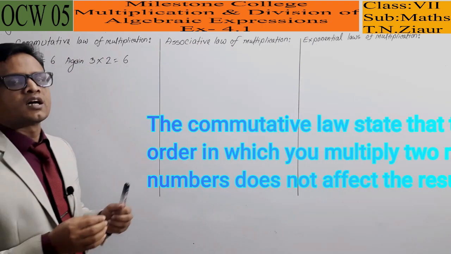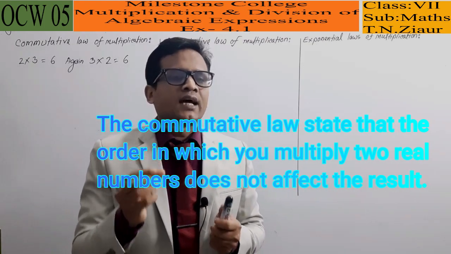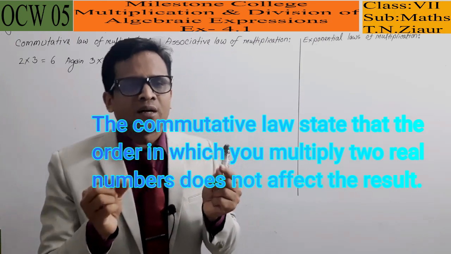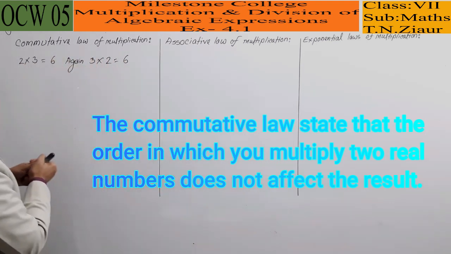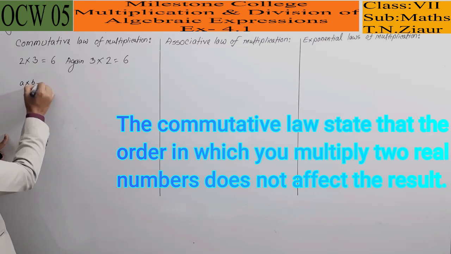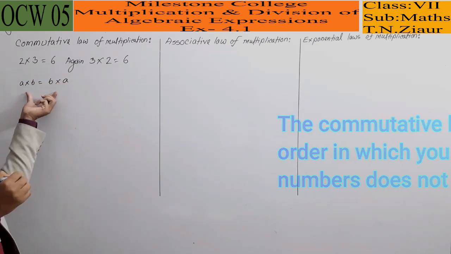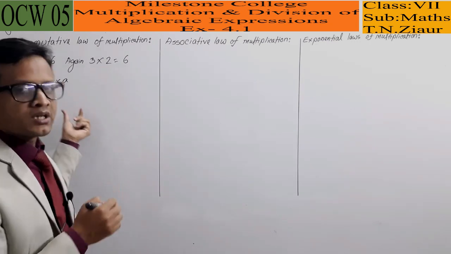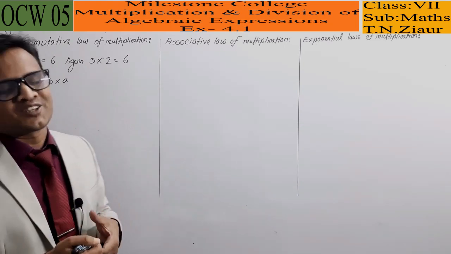So we can tell the commutative law states that the order in which you multiply two real numbers doesn't affect the result. Okay, so if we express as a symbol, this one is like this: a into b is equal to b into a. This one is called commutative law of multiplication. Okay, my dear students, have you understood this one? What is called commutative law of multiplication? Right. Thank you very much.